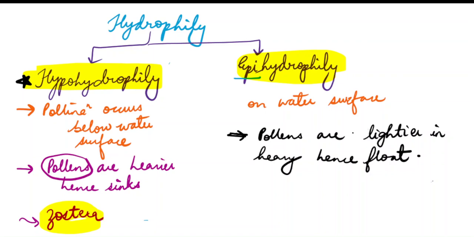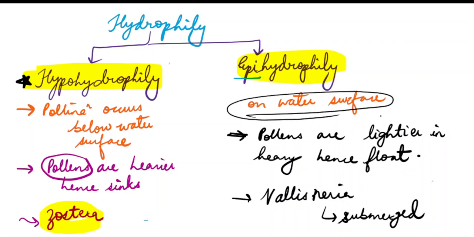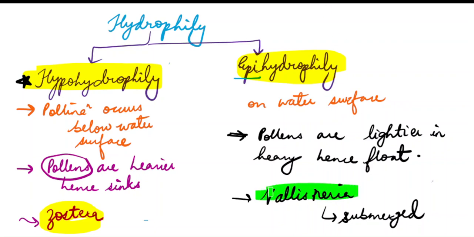The example here is Vallisneria, and Vallisneria is a submerged plant, which means it's present inside the water, not on the surface. So how does this pollination occur if it is not present on the surface? Let's talk about the Vallisneria example.